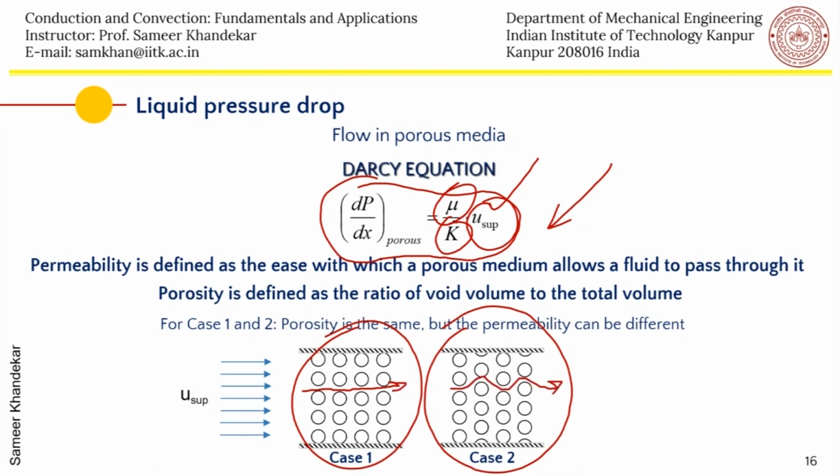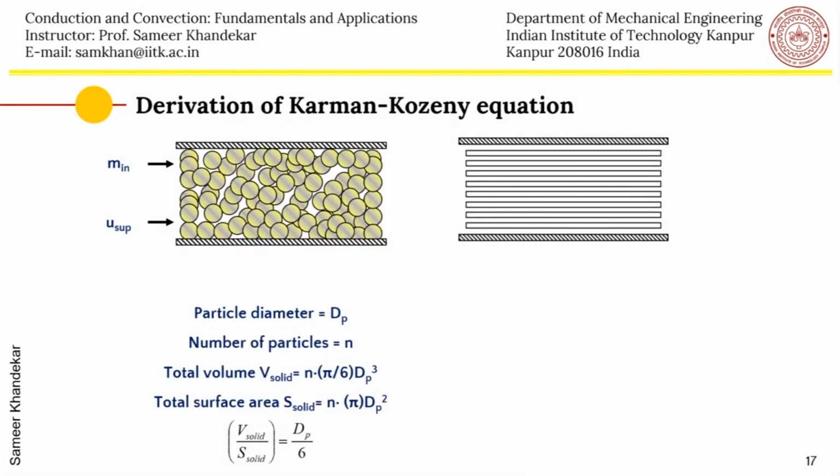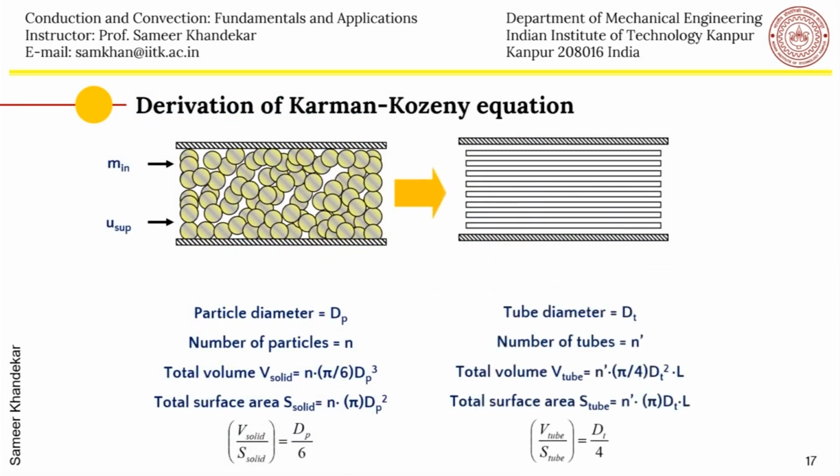Going from this particular type of porous media, which is complex to analyze, we simplify in the Karman-Kozeny equation into simple tubular flow, for which we know the velocity profile, because we can easily determine it from the parabolic velocity profile.